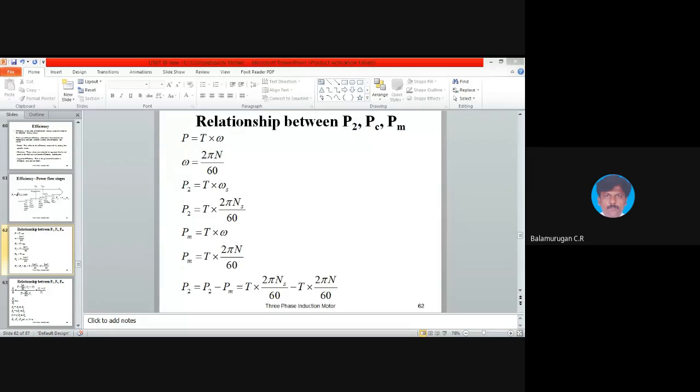Kilowatt hour or watt hour, either can be used as the unit. Efficiency is generally calculated in terms of percentage only, so you have to mention into 100.